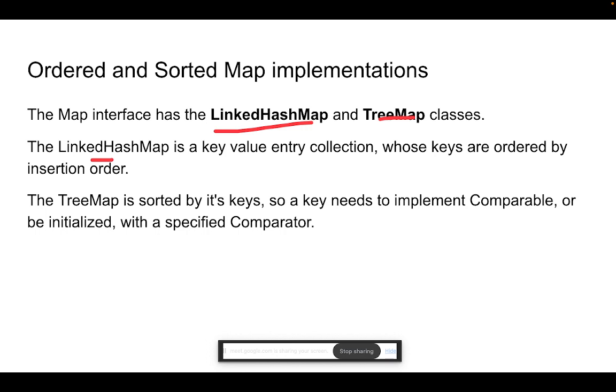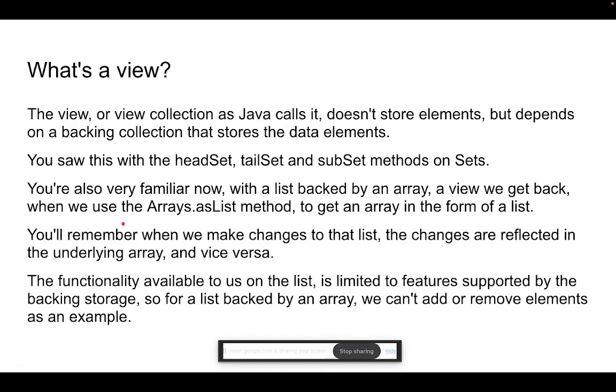But linked hash map stores the keys and values based on the order in which they have been inserted, as well as the tree map implements a comparable comparator and sorts the keys based on the particular trees. Okay, now those are the things, but let's go into a little aspect of something called views.